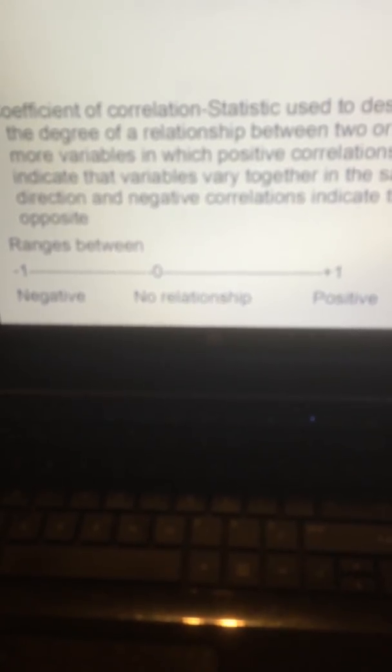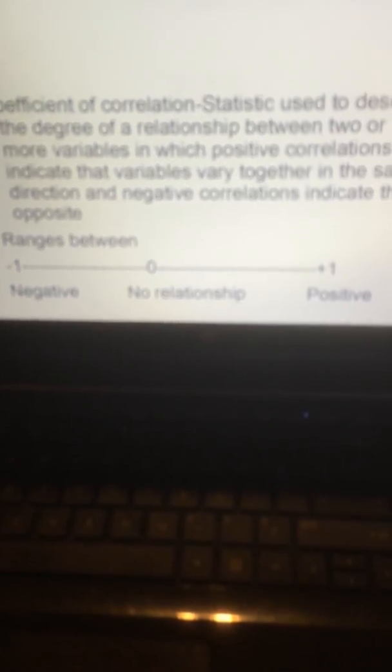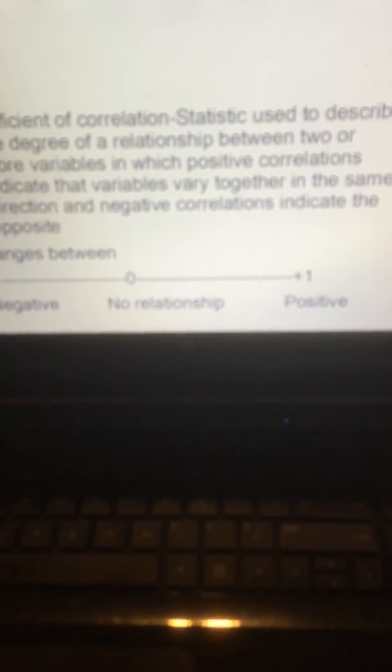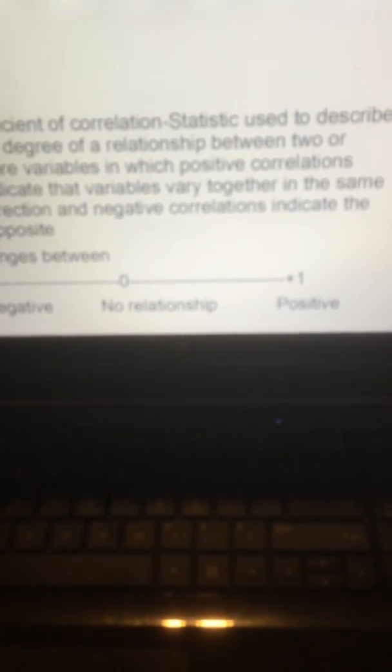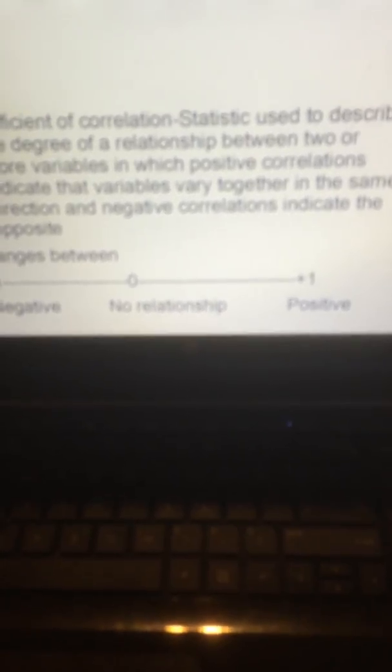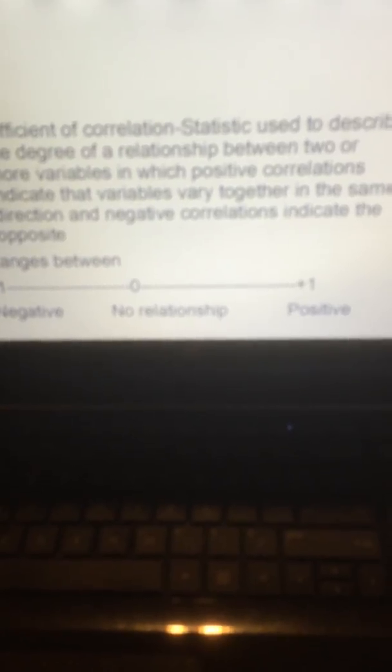However, there's something known as a negative correlation, which means whenever one thing increases, the other decreases.